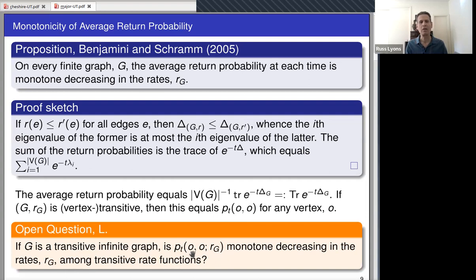Is this return probability monotone decreasing in the rates? That's the analog of this proposition of Benjamini and Schramm when we've introduced structure. So now you can see what I mean by taking the average was like introducing some structure. Here we have structure on the network itself, where we can't take an average. This is open. Well, there's some things that are known about it, and I want to tell you about that.